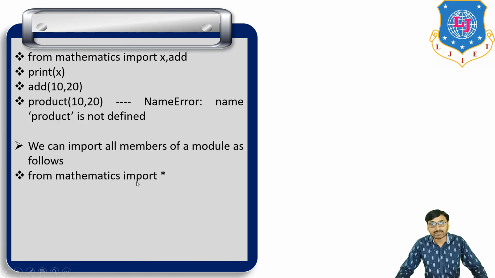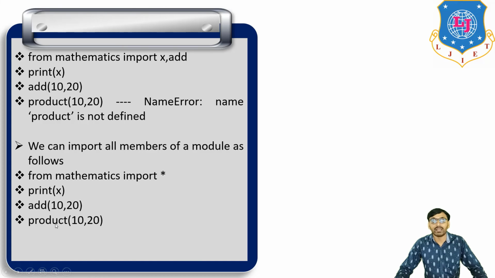We can import all members of a module as follows. From mathematics import star. It means all members of the module are imported. Then print x, add(10, 20) and product(10, 20). There is no NameError. So all members of the mathematics module are imported. Now this program we run on PyCharm.